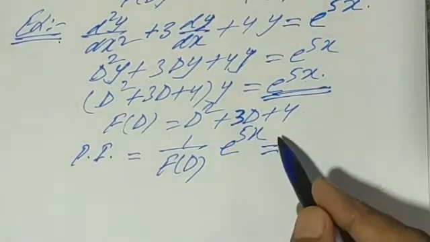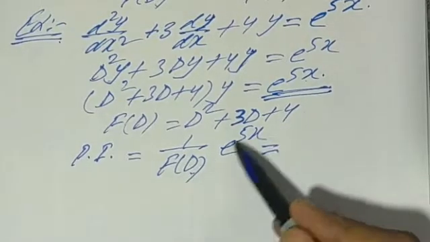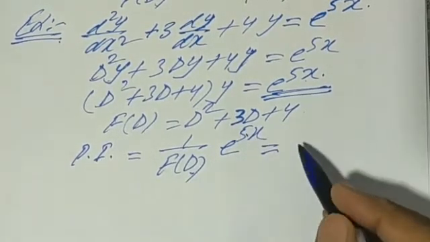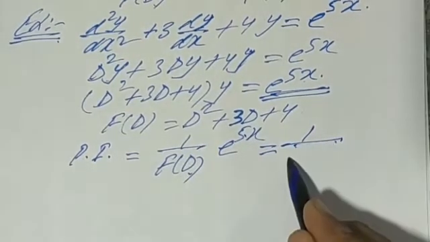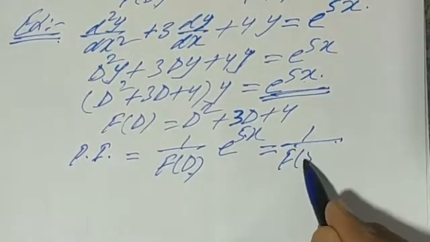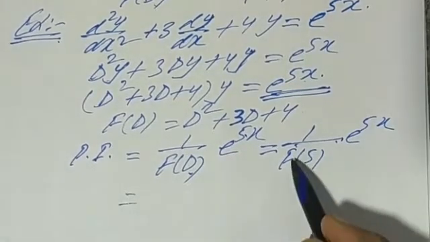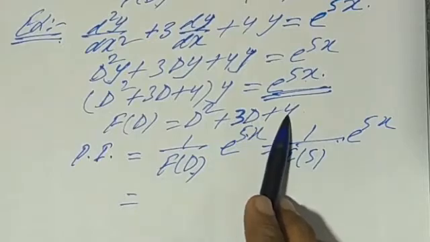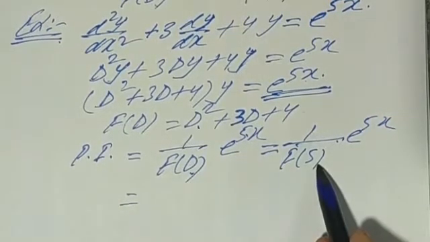So if r is an exponential function, then we replace D by the coefficient of x in the power of the exponential function. So 1 upon f(5) e raised to the power 5x. Now f(D) is D square plus 3D plus 4, so we replace D by 5 because we need to find f(5).